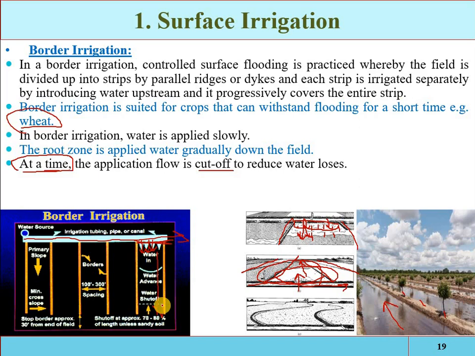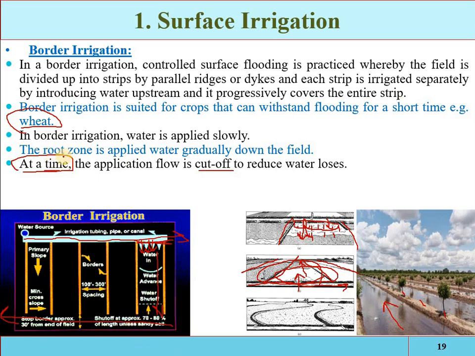If the soil is highly permeable, then the water will be lost in deep percolation. If the soil is impermeable, then the water will be lost in runoff. Again, if you are not stopping the inflow of water into the border, then you will also have to design the drainage system so that the extra runoff water may be properly disposed out from the agricultural area, so that it may not damage the land downstream.